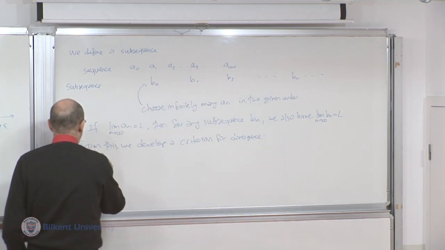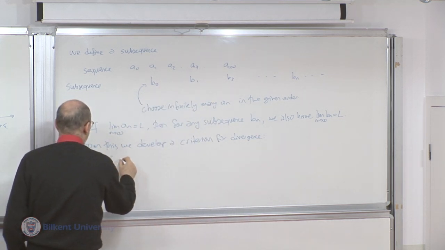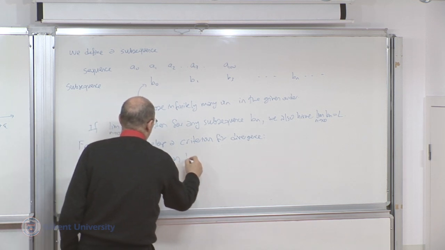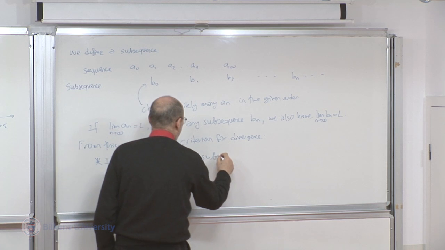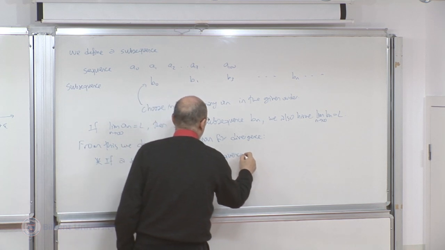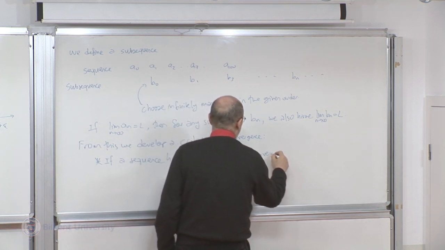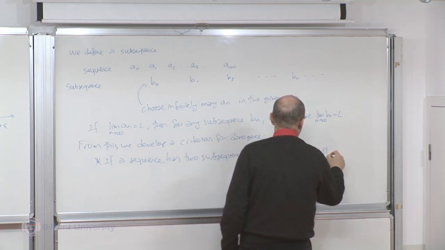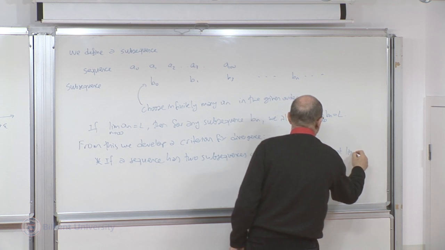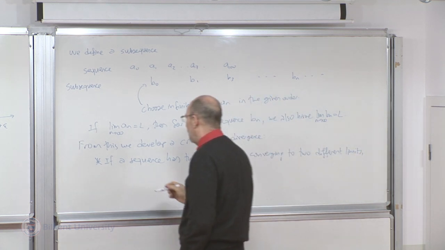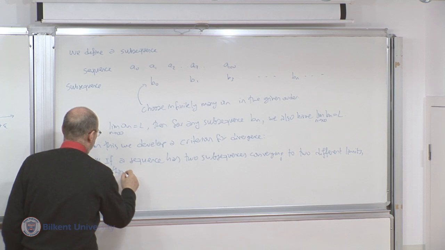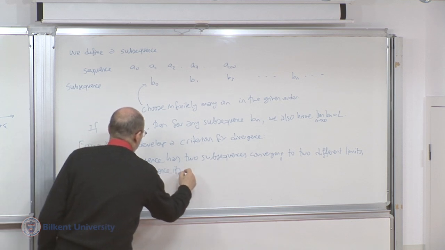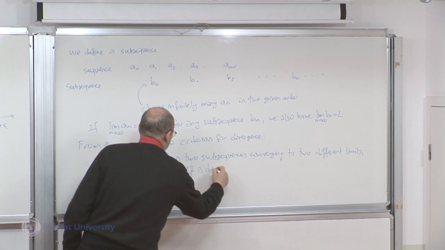So if a sequence has two subsequences converging to two different limits, then the sequence itself is divergent.